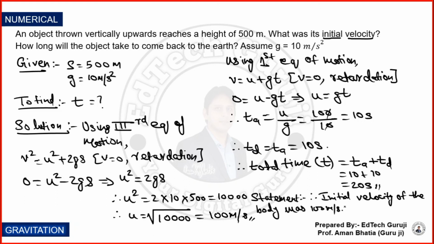And the second question is, it will take 20 seconds to come back to earth. This is our statement. So I hope that the proof and this numerical is very clear to you.